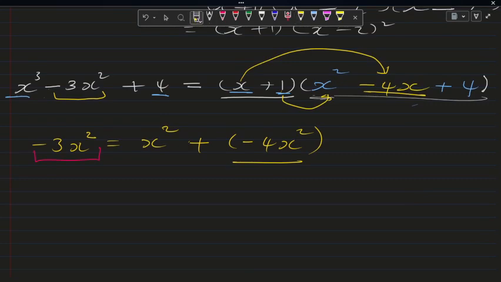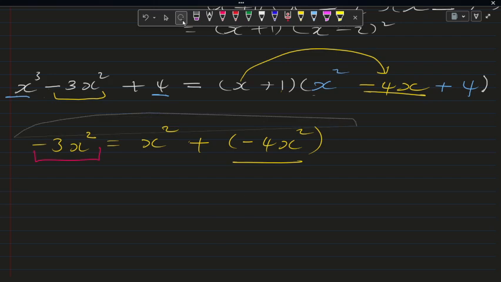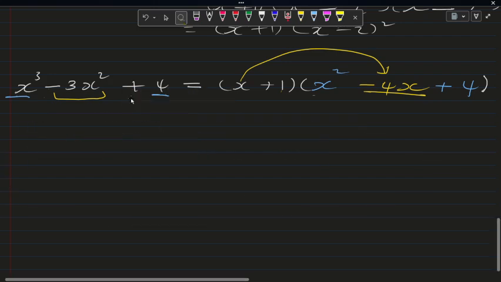So this is the shortcut method, and it is very convenient as far as time is concerned because it's very quick, but it is vital for you to understand it properly so that you do not make unnecessary mistakes.